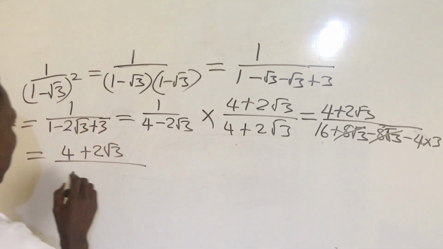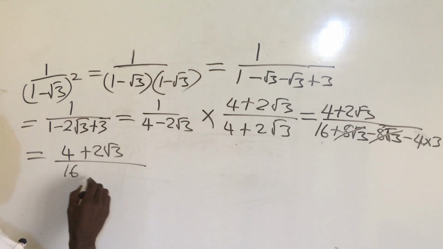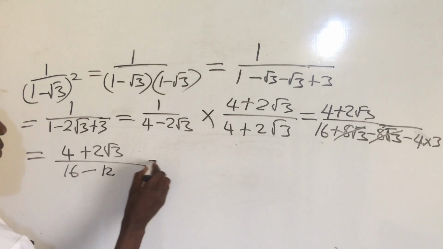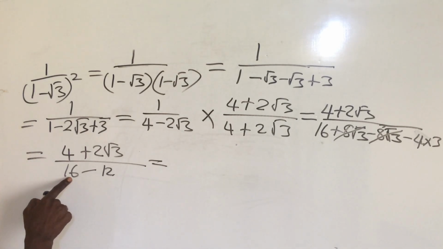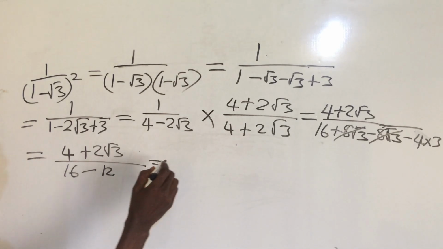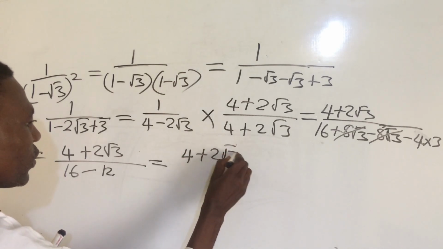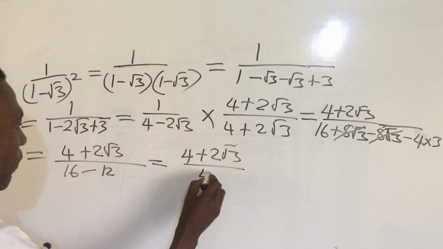Now we have 16 minus 4 times 3, which is 12. 16 minus 12 is 4. We now have 4 plus 2 root 3 all over 4.